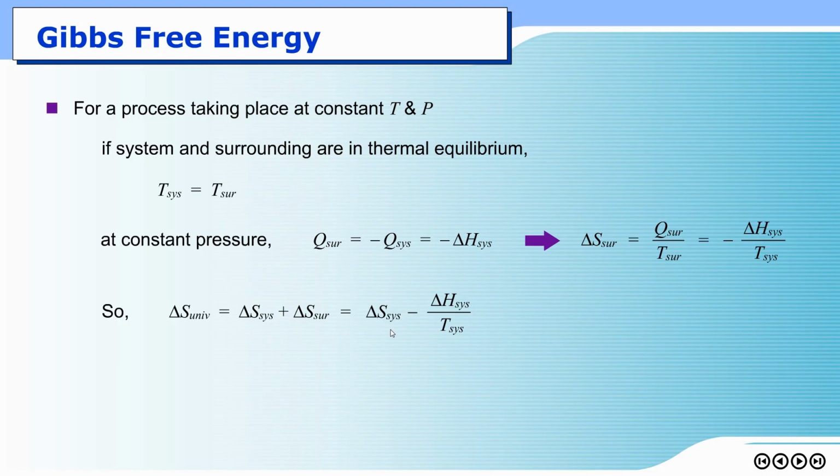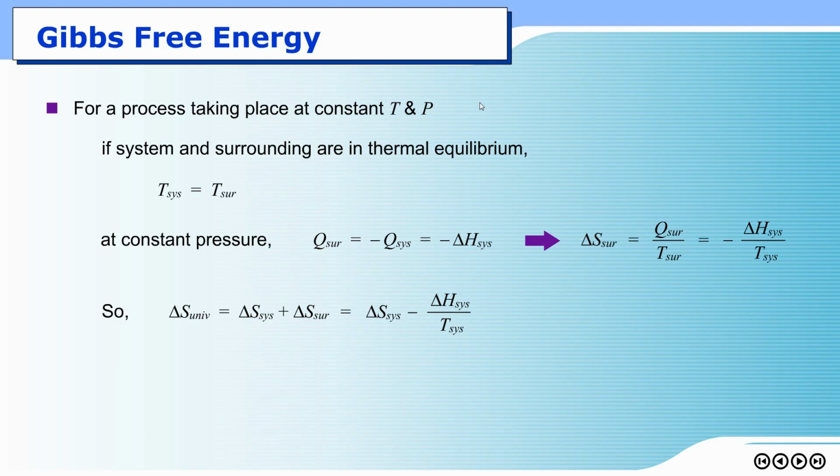You can get delta S of the universe equal to delta S of the system minus delta H of the system divided by the temperature of the system. Once again, the right hand side of this equation is all system properties. That means you can use system properties in the second law of thermodynamics if these conditions are satisfied.